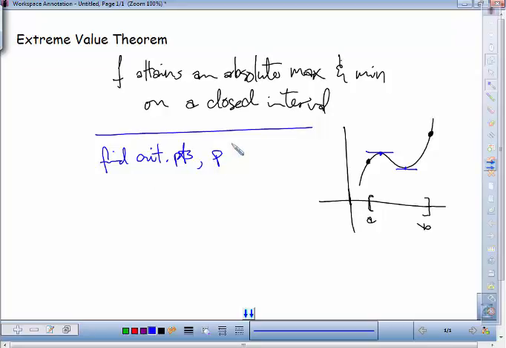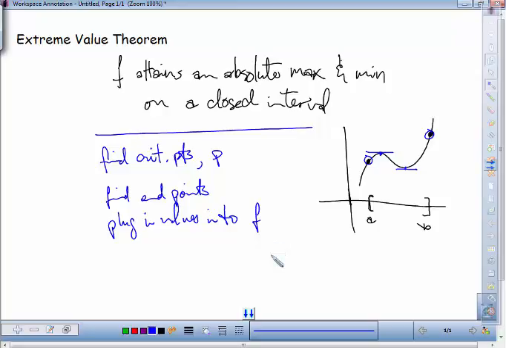I guess it should have been C, but call it P. And then find the endpoints. I guess you don't have to find them because they're here. And then plug in those values into the original function.